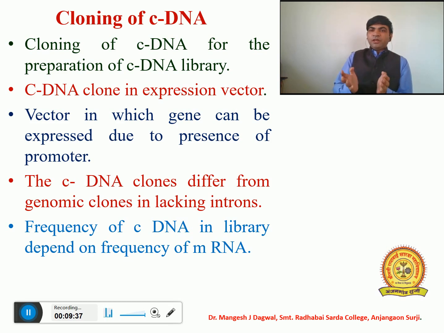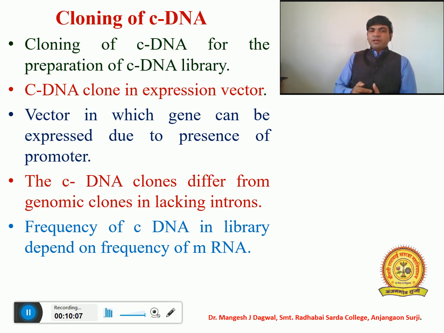Because this cDNA is formed from the messenger RNA, and this messenger RNA is the mature messenger RNA which is formed by the RNA processing. There is RNA splicing and that removes the introns, and that mature messenger RNA lacks the introns. So because of this, a cDNA lacks the introns. So this is the basic difference between the cDNA clones and genomic clones. We can say this is the basic difference between the cDNA library and the genomic library.